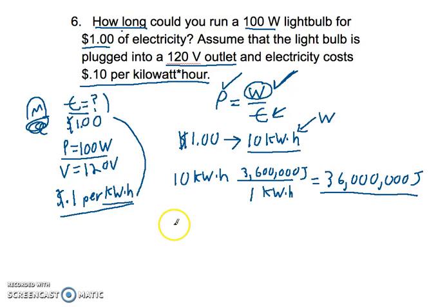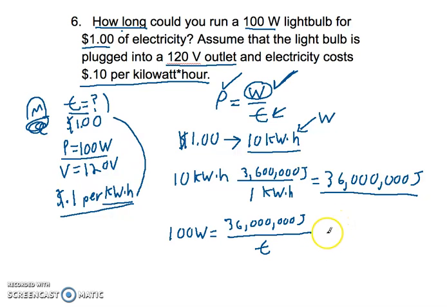So now we're going to plug in and solve for time. We know we have 100 watts. We have 36 million joules, J, and we're looking for T, time.